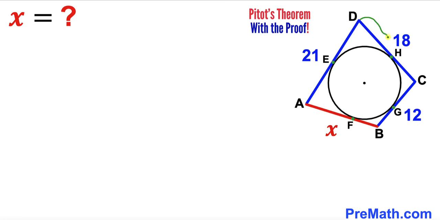Likewise, this other side CD is 18 and this side BC is 12 units. And finally, this side AB is being represented by X. Now our task is to find the value of X. In other words, we are going to calculate this side length AB.